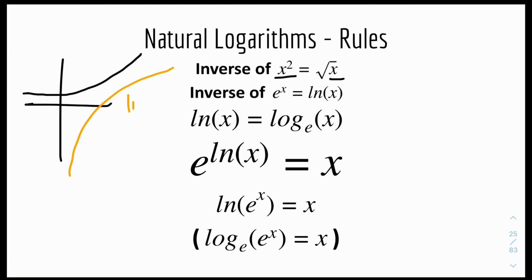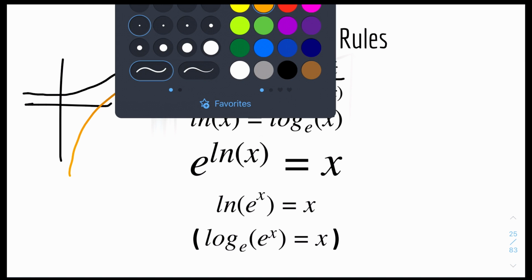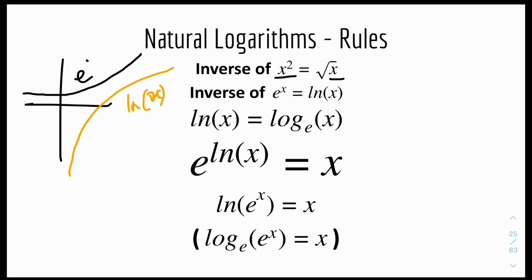So we're going to write ln x and e to the power of x. We know from just now that ln is the same as log base e. From here, e to the power of ln x will equal x, which is one of the rules we saw earlier in logarithms.